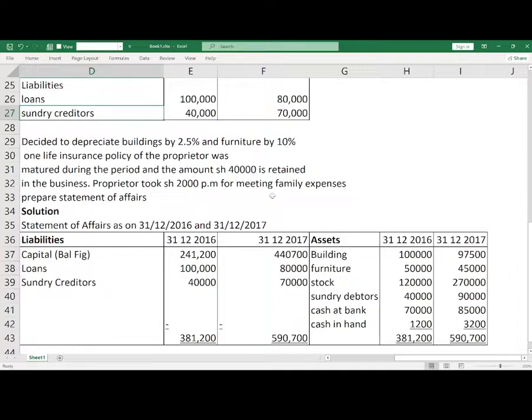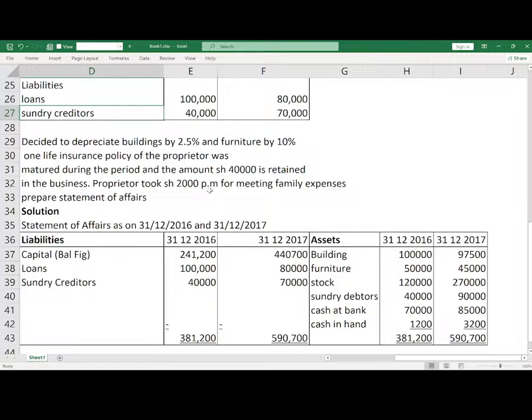So we get the 2.5% multiplied by 100,000, and you get 2,500.